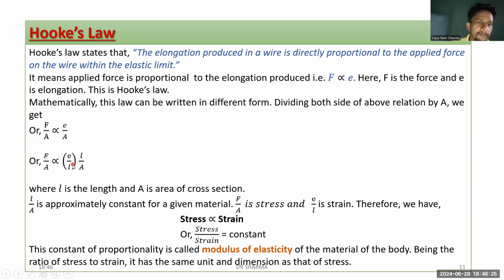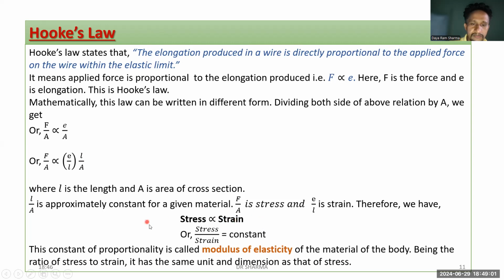Then, with further manipulation on the right side, dividing and multiplying by length, we get stress on the left side, force per unit area, and strain e by L inside the bracket. And the ratio of length to area is constant for a given material, so this is involved in the proportionality sign.